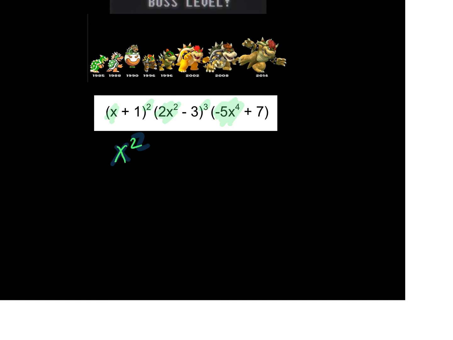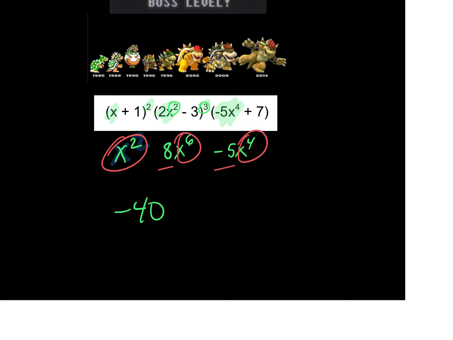This one would be, I bet a lot of people messed this up, 8x to the 6th. You multiply like this. I bet a lot of people didn't know that, and I understand. And then this is negative 5x to the 4th. Put it all together. 5 times 8 is 40, and it's negative 40. Look at, I just did the numbers first. Now I'm just going to do the x's. X squared, x to the 6th, x to the 4th. On this kind, you add. That's x to the 12th.